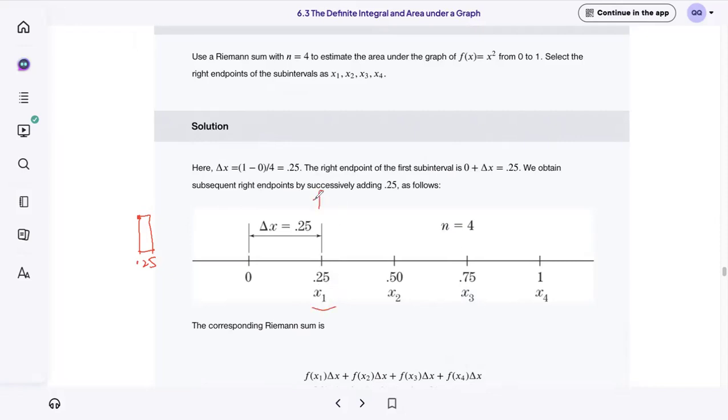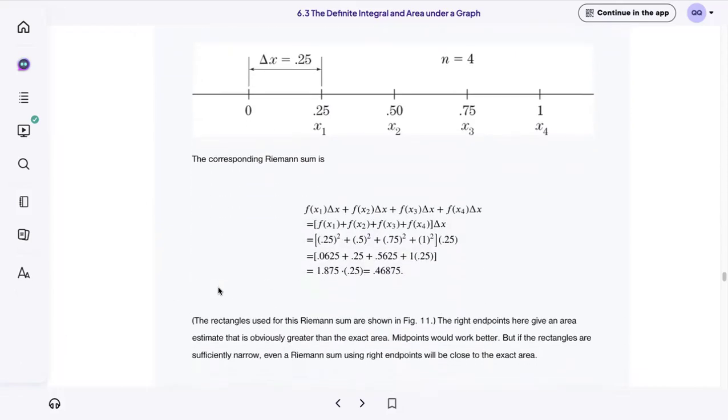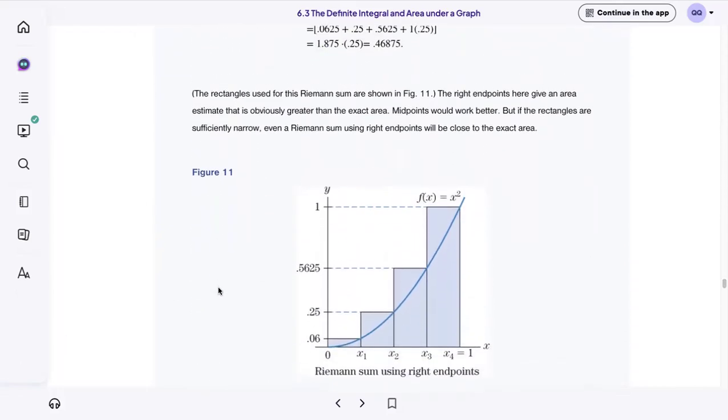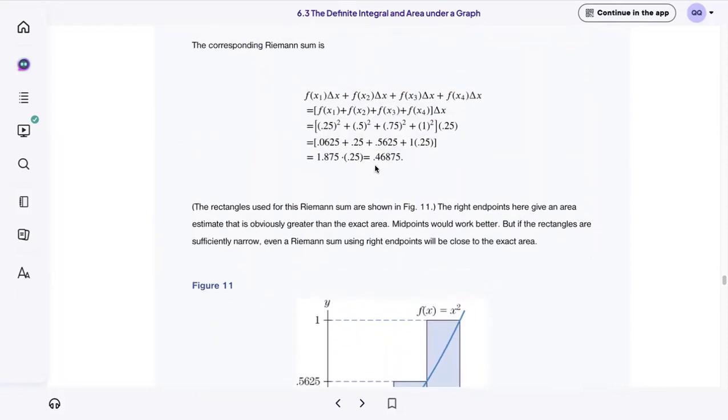So we want to evaluate f of 0.25, f of 0.5, f of 0.75, f of 1, and add them together. Then multiply by the width 0.25. So I have 4 rectangles. We add the areas of the 4 rectangles to get an approximation of the area. So roughly it is 0.46875.